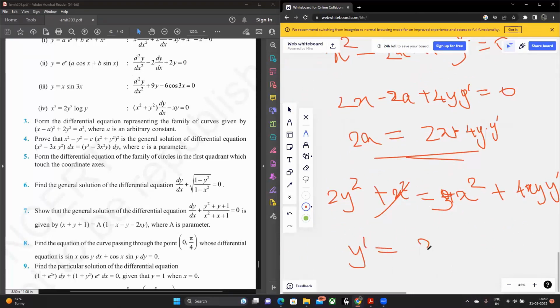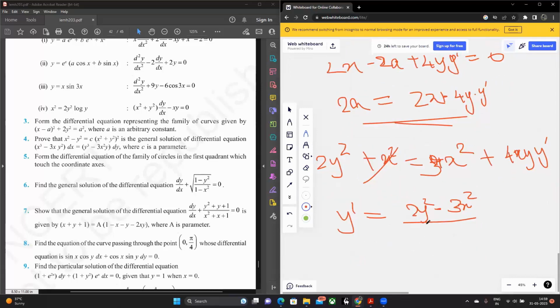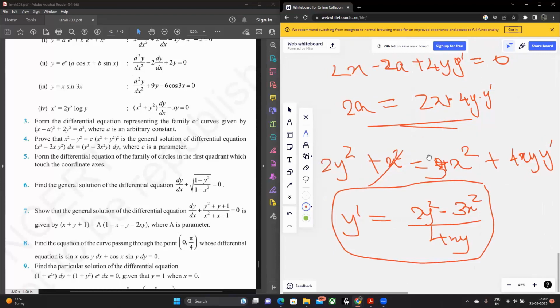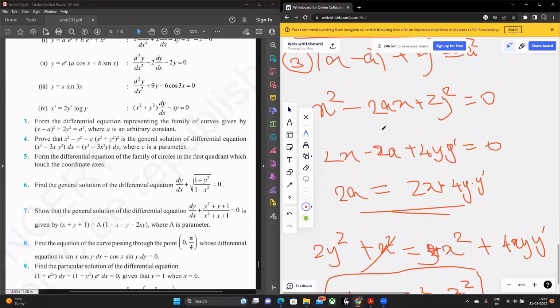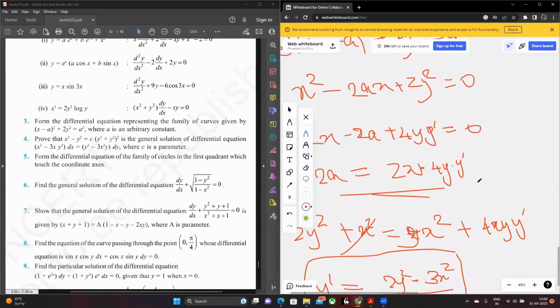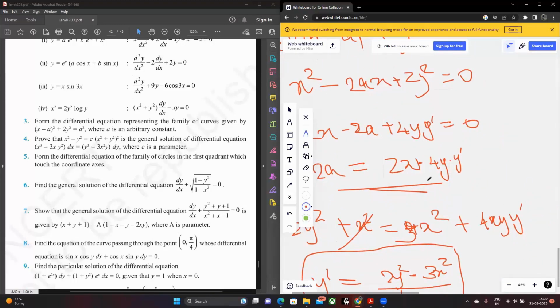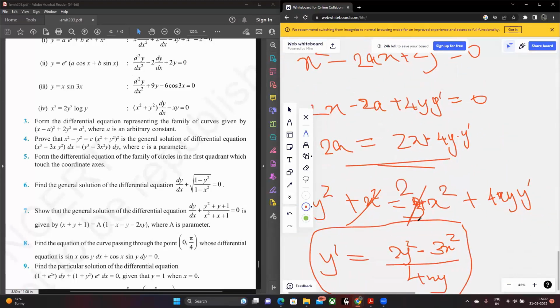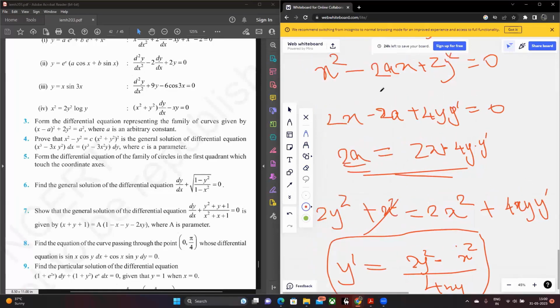Therefore, y dash is equal to 2y squared minus 3x squared divided by 4. Wait a sec, I've made a mistake. Oh, here it's not 4, it's 2. So this is basically 1x squared, not 3. Right, this is 2x squared because I'm substituting 2a directly.